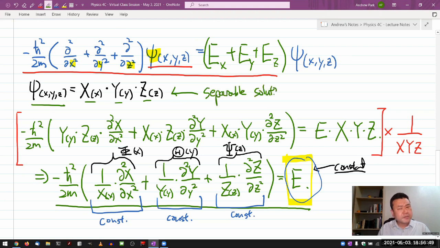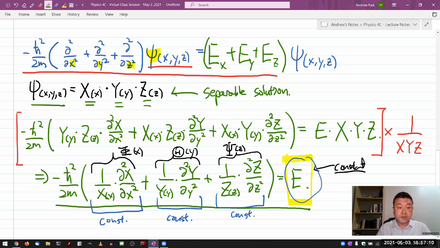And this is by no means a constraint that all the solutions to this wave function have to be separable. It might not be. This is one set of solutions that we can easily find, with which you can build up any other more complex solutions.